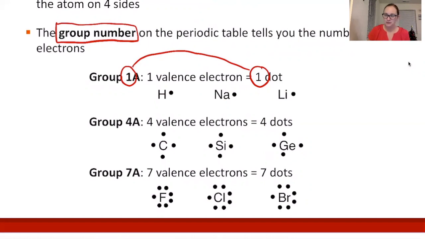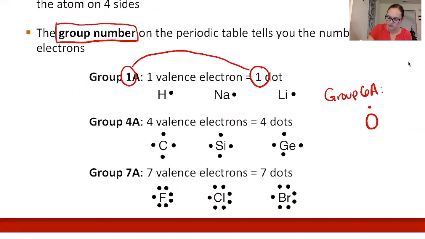As a little bit of practice, let's do something that has 6 dots. So group 6, also called group 16 or 6A, overall has 6 valence electrons. For example, oxygen is the top one on here. So in order to fill out our dots, we have 6 valence electrons.